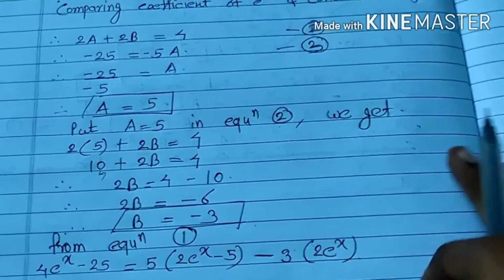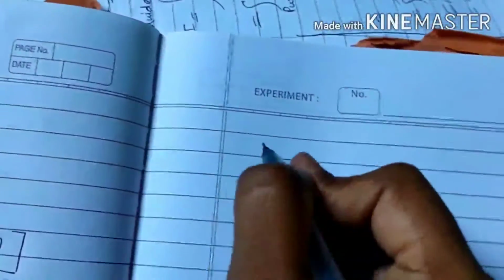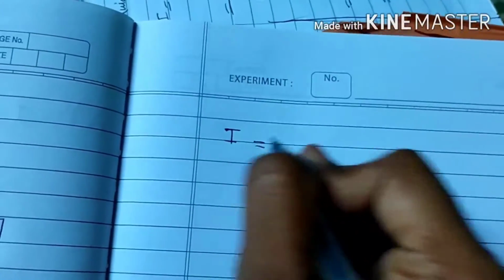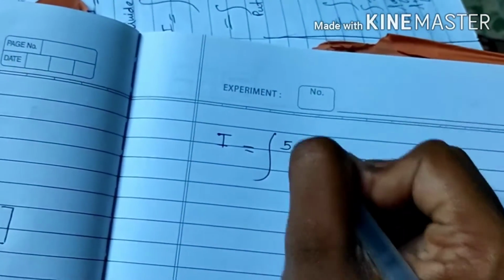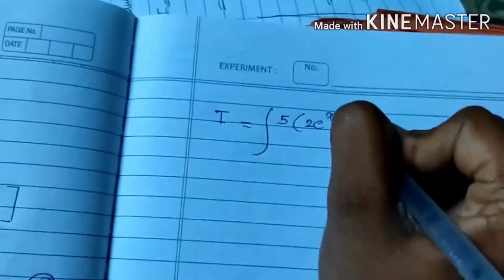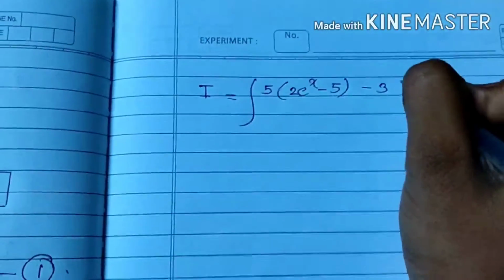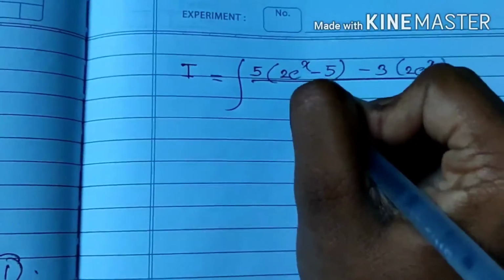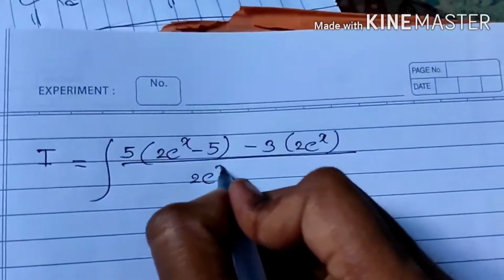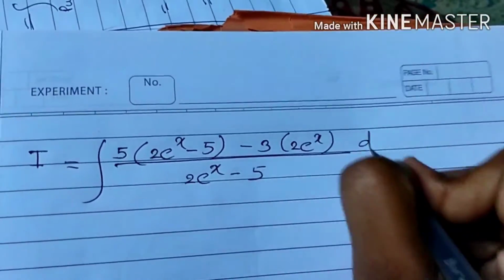Therefore our integration will become I is equal to integration of 5 into 2e raised to x minus 5 minus 3 into 2e raised to x upon 2e raised to x minus 5 dx.